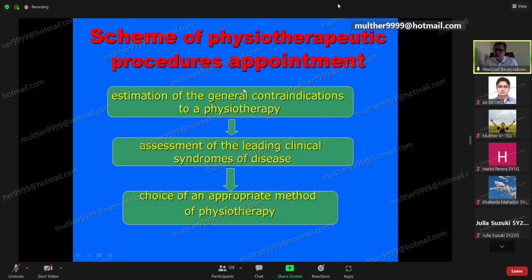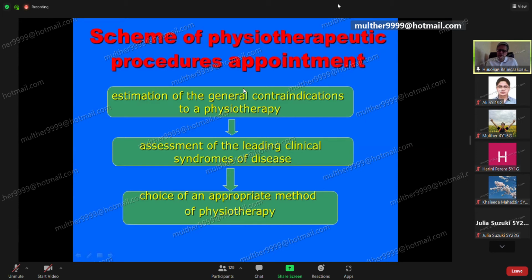The first step which we should make is estimation of the general contraindications to physiotherapeutical methods. Later today, I will present for your attention the list of general contraindications for any physiotherapeutical procedures.